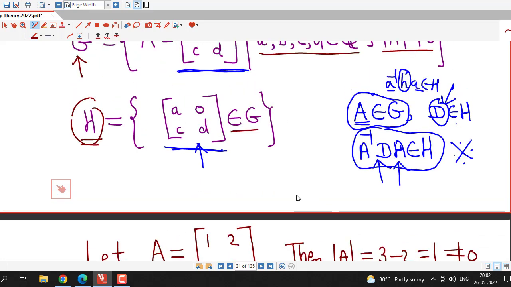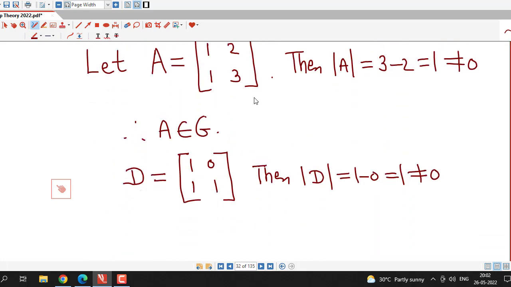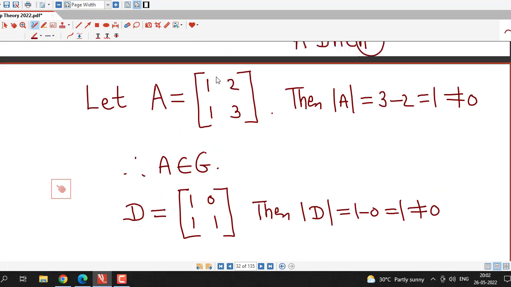Now we have to check whether A inverse D A is going to be a member of this H or not. For that I will require the inverse of this 2 by 2 matrix A. If you recall, we have a ready-made formula for the inverse of a 2 by 2 matrix.